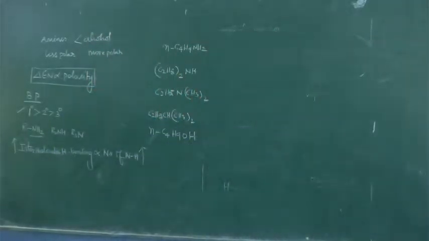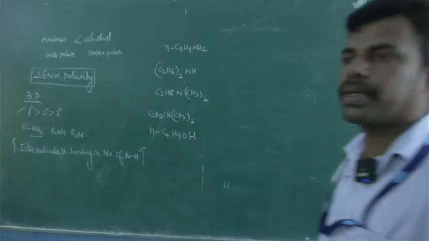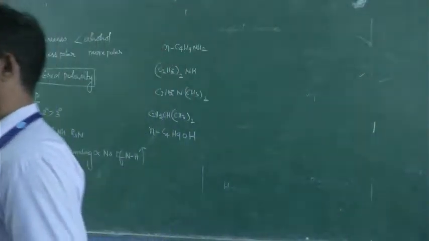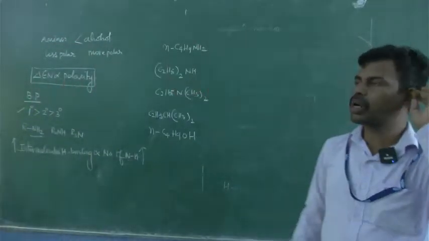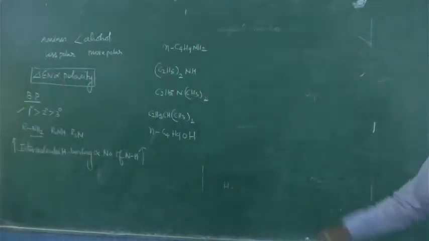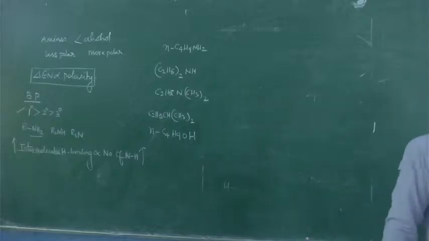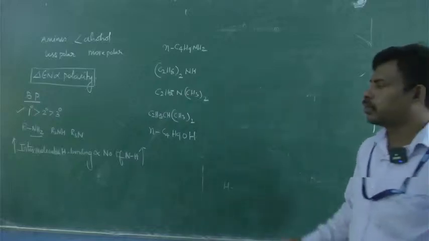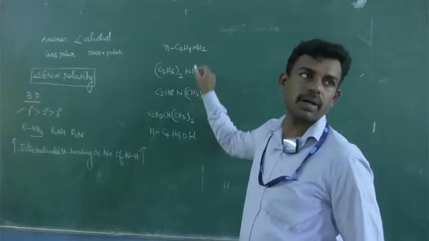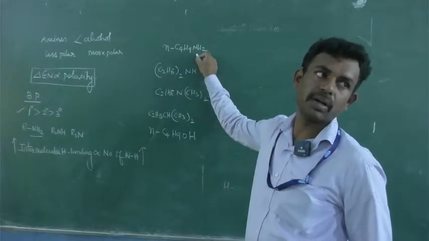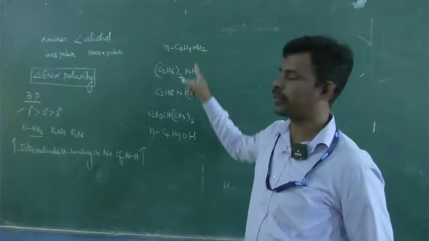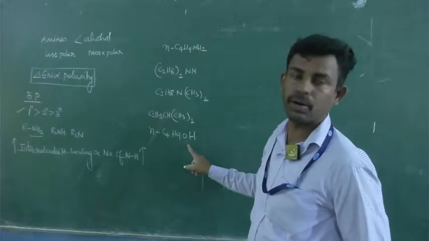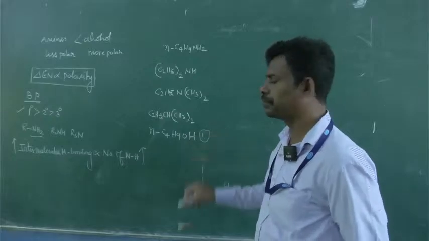For boiling point, we have to always compare compounds with comparable molecular mass. We have discussed this. Now can you list those compounds based on increasing boiling point, which among these has a more boiling point? Please note this, whenever you have amines and alcohol, usually alcohol has a more boiling point when compared to amine. So in this, the highest boiling point is alcohol. Let's say this is 1.